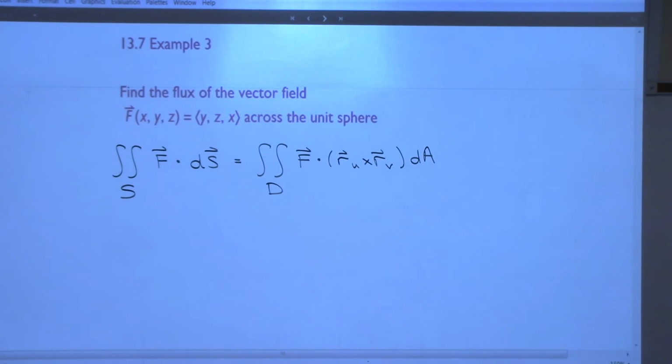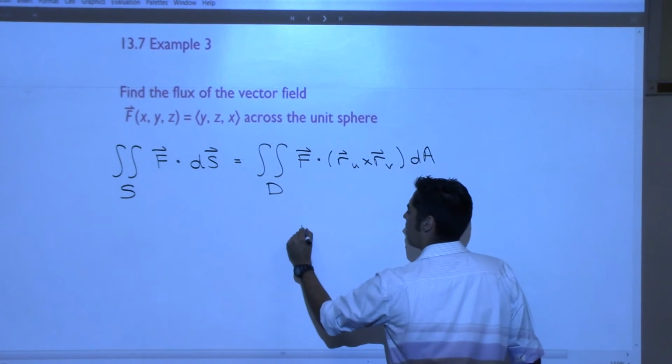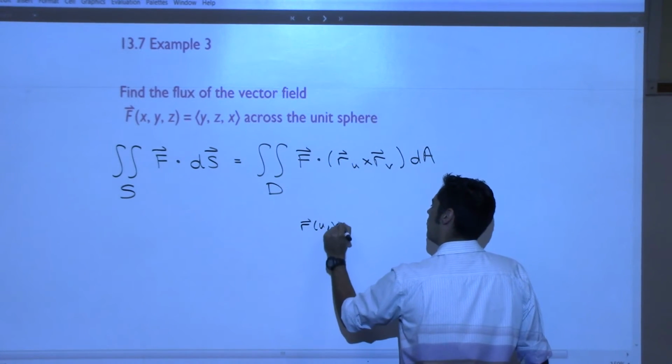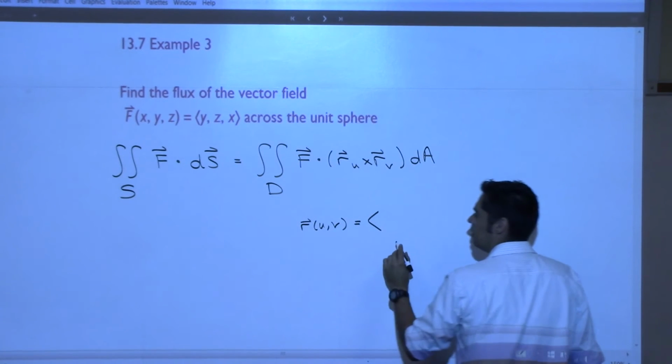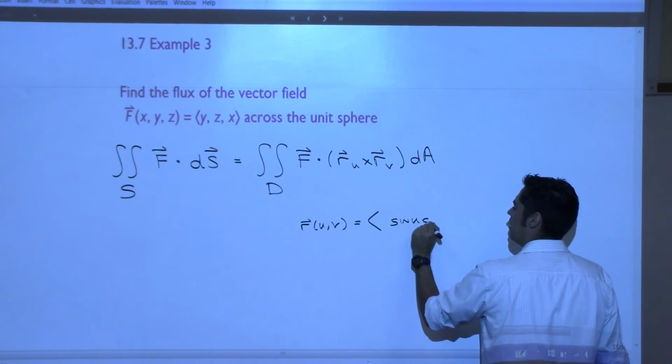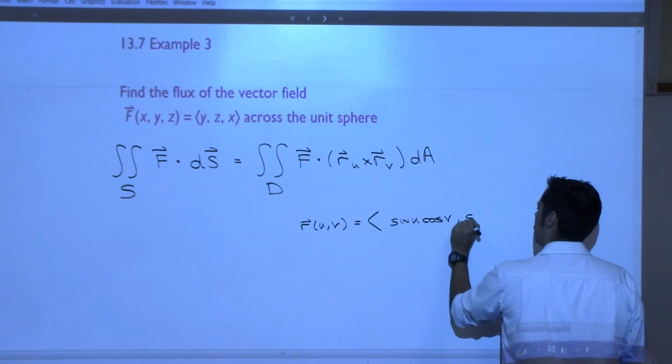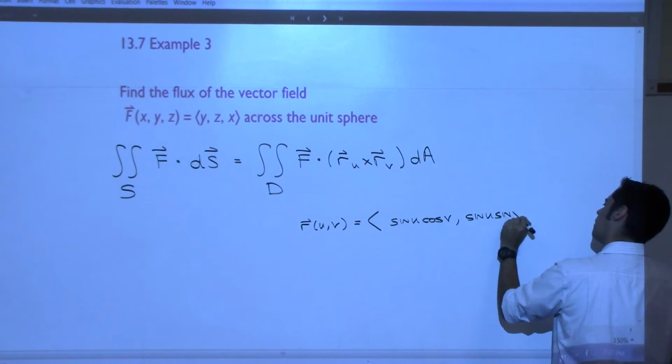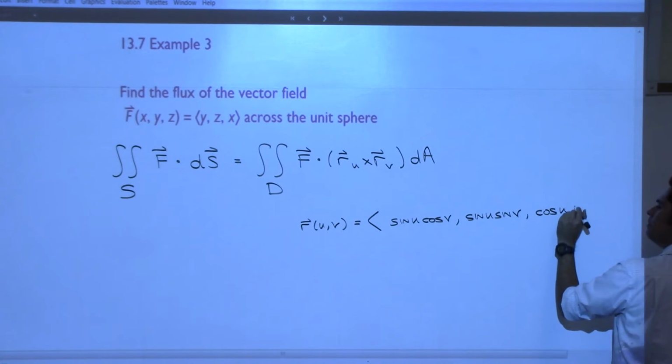Okay, r is the function that draws the surface. We've done this. This is a unit sphere, right? So what was r? Let's go: sine u cosine v, sine u sine v, cosine u.